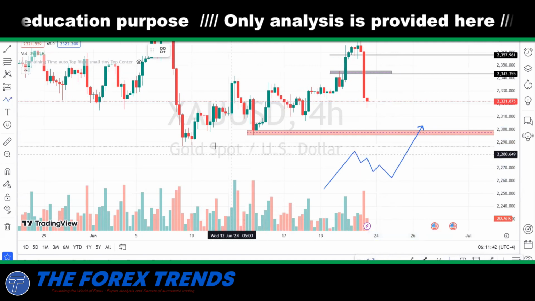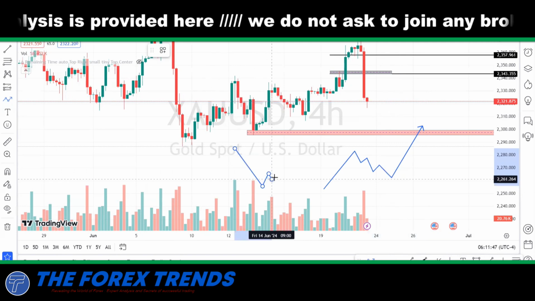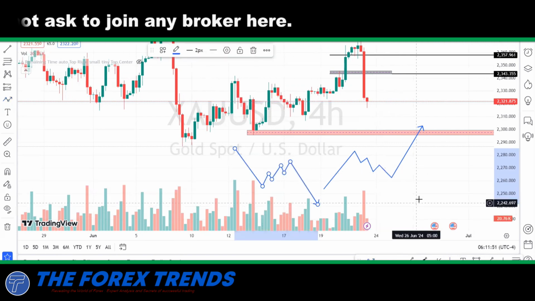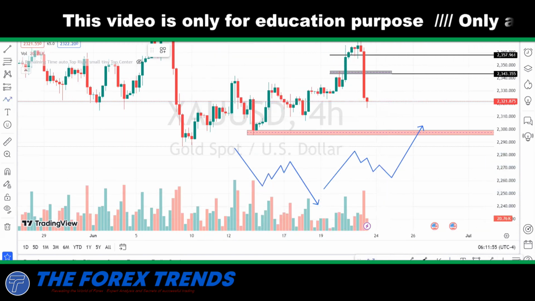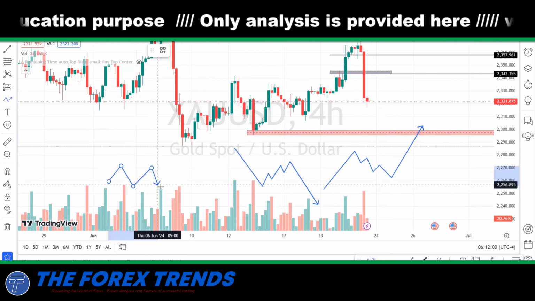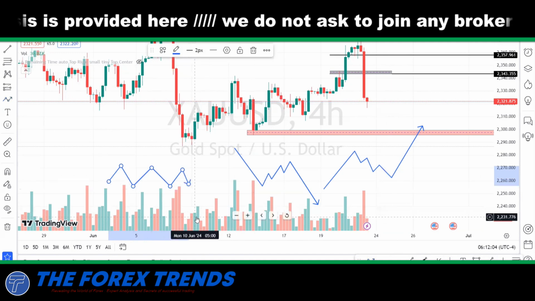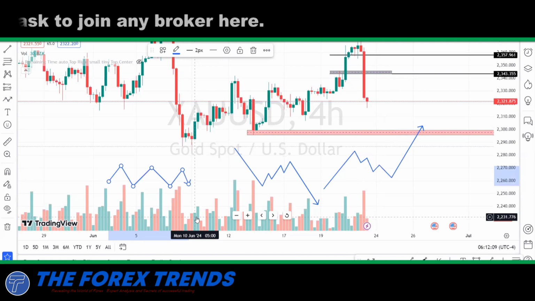Similarly, it may make a bearish impulse like this, a correction, and then another impulse. This is one kind of movement, and another is a ranging movement. In a certain range of price, the market moves. That is a ranging market. These two kinds of movement we generally see in the market.